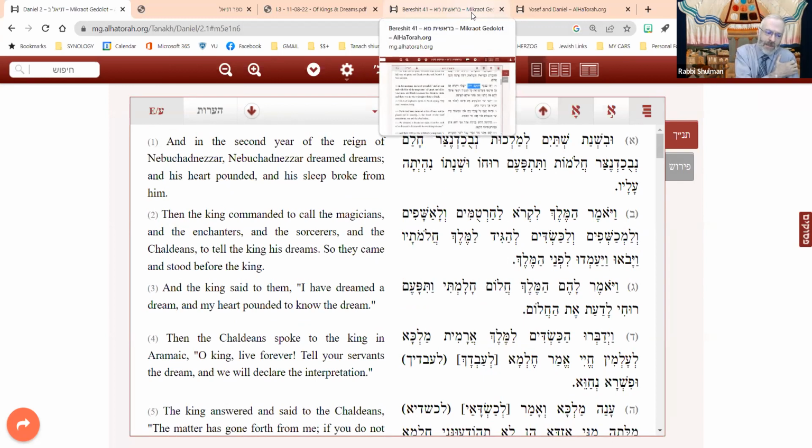But the Abarbanel goes through at length an attempt to demonstrate that Daniel is in fact a Navi, and the primary proof that he uses is the historical accuracy with which Daniel describes future events.